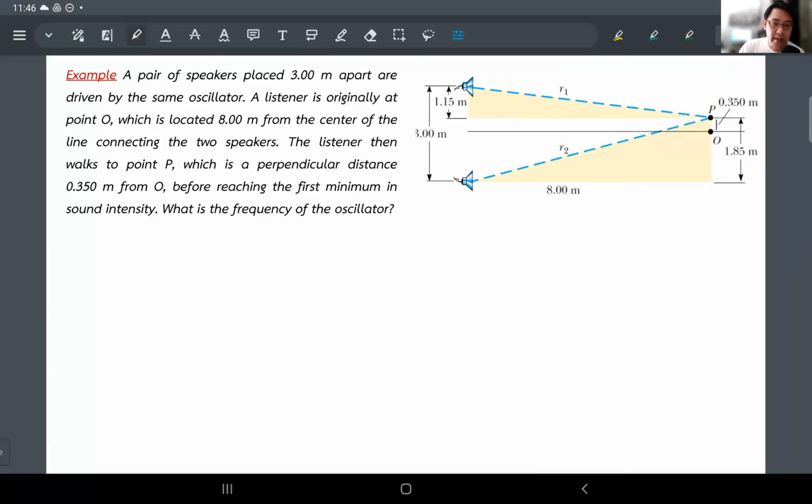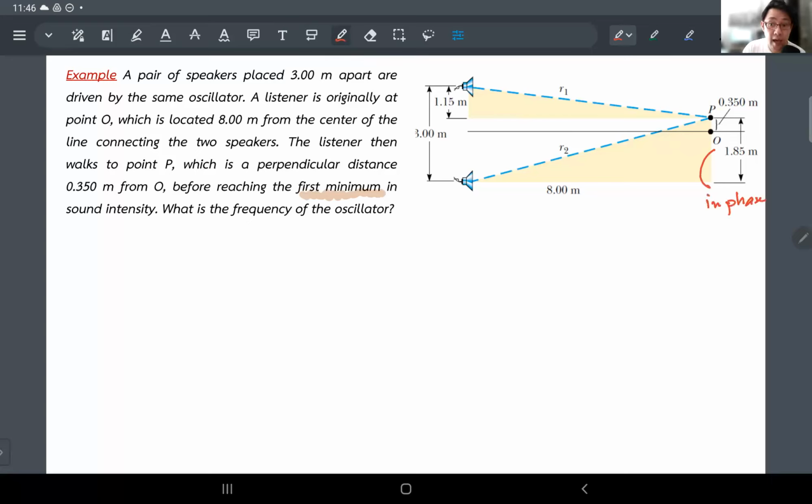Now, the listener then walks to point P, which is 0.35 meter away from O, before reaching the first minimum. This is very crucial information, guys. First minimum in sound intensity. What is the frequency of the oscillator? Can you see where this one goes? So first things first, at point O, this is going to be perfectly in phase.